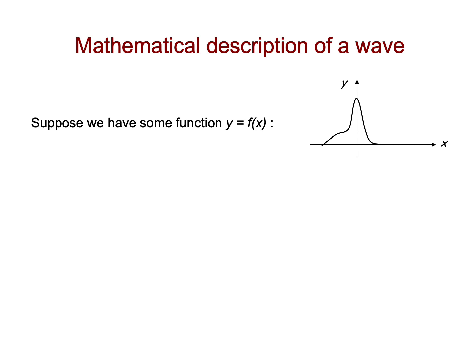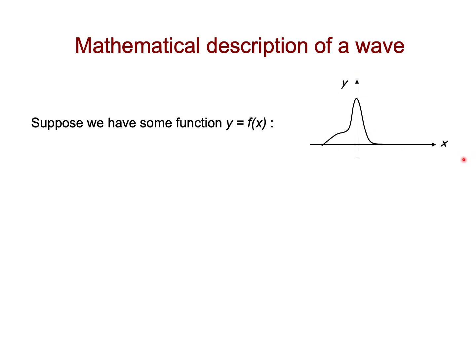And so in the most general sense, we can write a description of the wave by starting with y equals f(x). And we have pictured over here some irregular shaped function, y as a function of x.